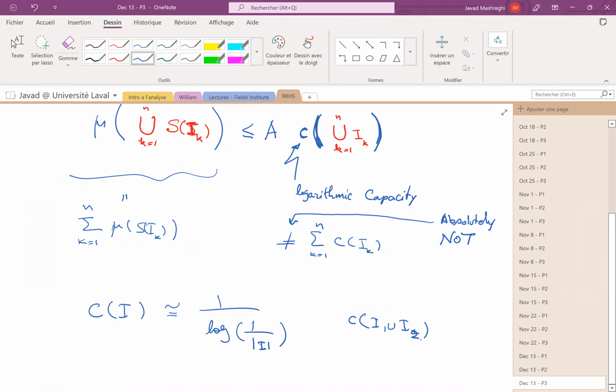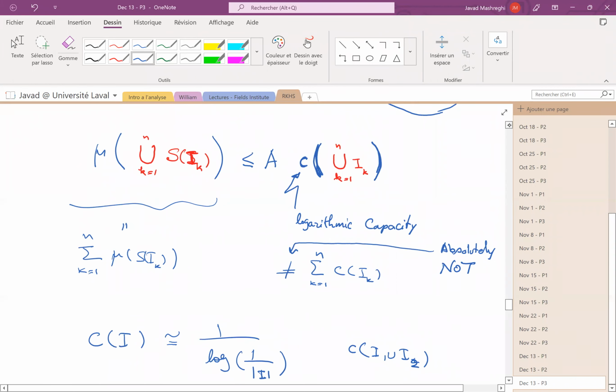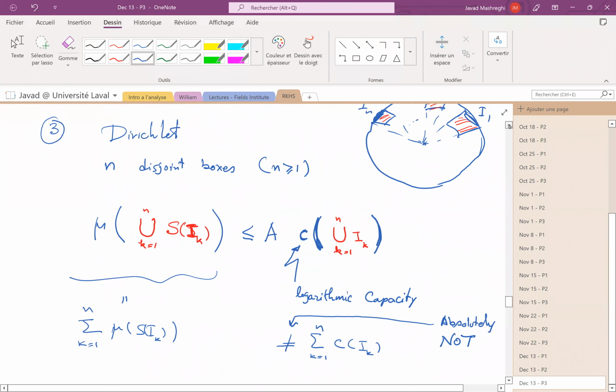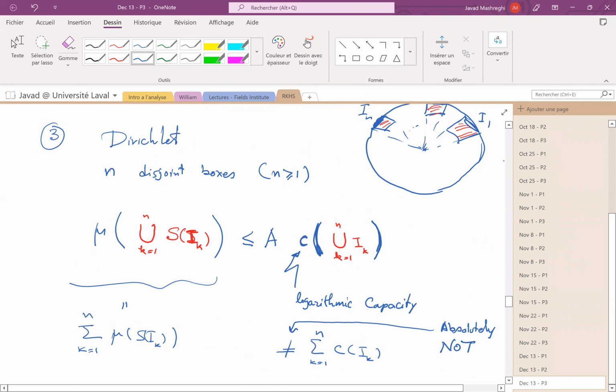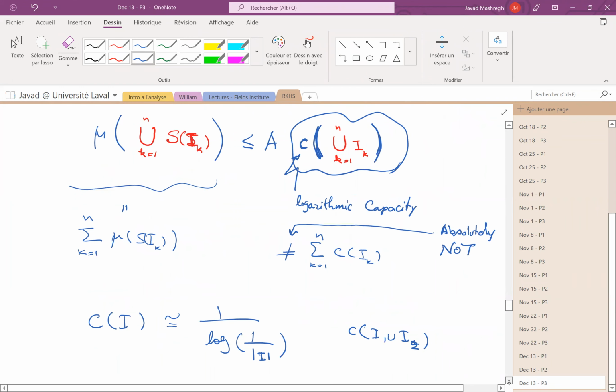The distance between them is important. And it's a characterization by Stegenga. It has been used in studying multipliers of the Dirichlet space, but this is difficult to handle. It's not an easy way to measure the bigness of arcs on the boundary.